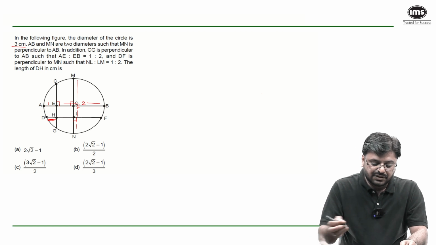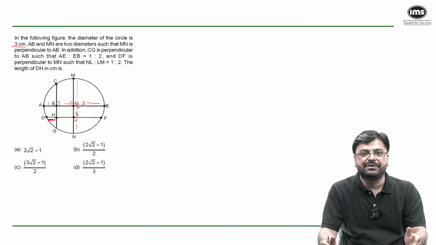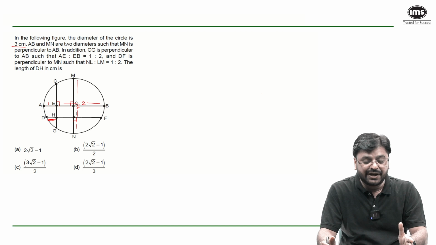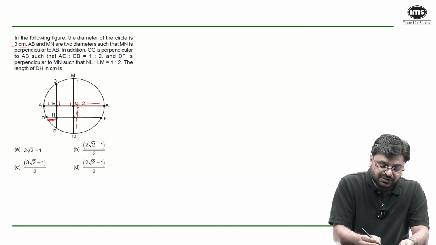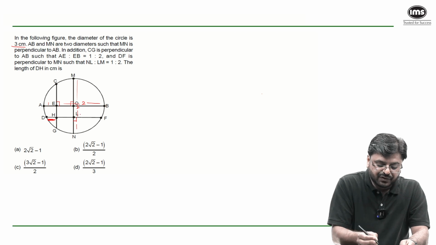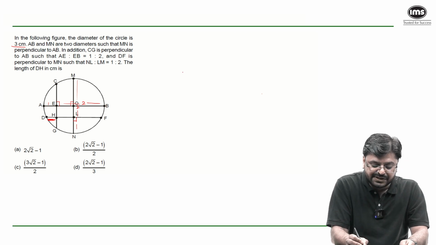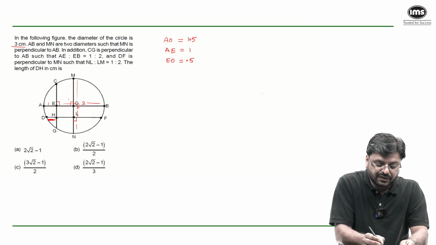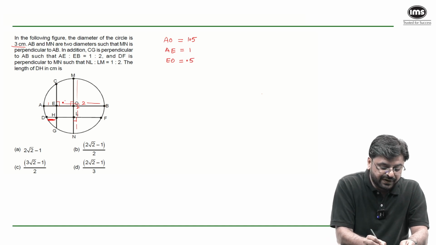Okay. First, understand, since these diameters are perpendicular to each other and then we have perpendicular lines, so this will basically be a square. See, AO is the radius. AO is 1.5, of which AE is 1, which means EO is equal to 0.5. This part is 0.5.